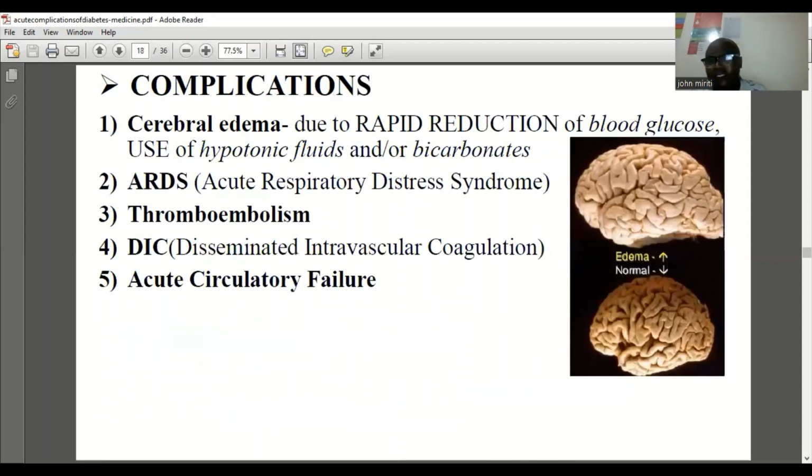So what are the complications of DKA? DKA can complicate into cerebral edema because of rapid reduction of blood glucose, and this results from hypotonic fluid, and bicarbonate is what is used for this one.